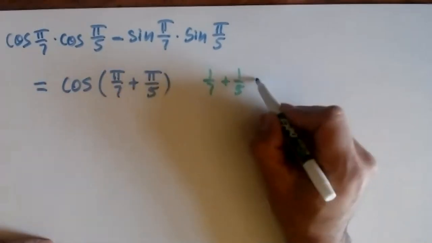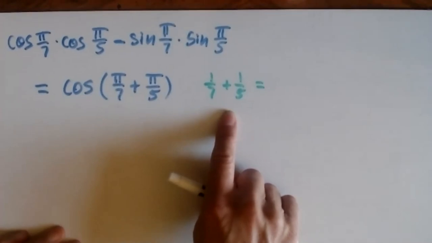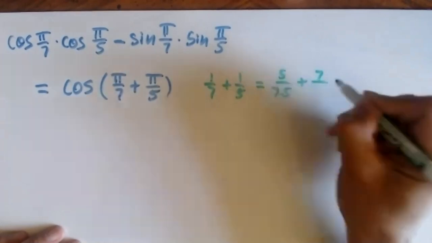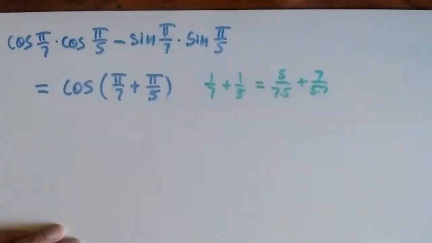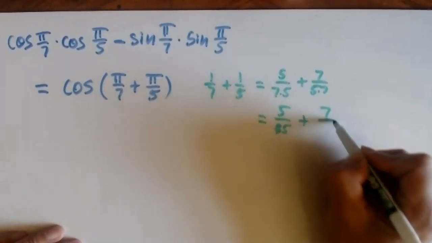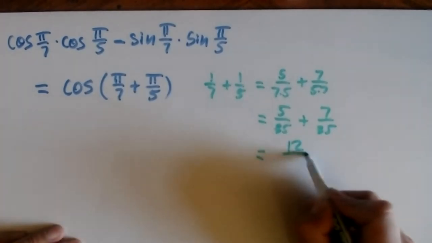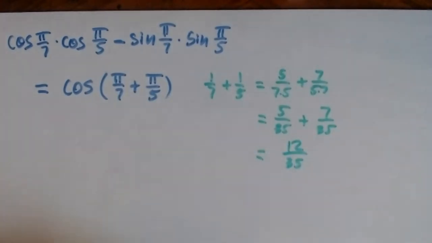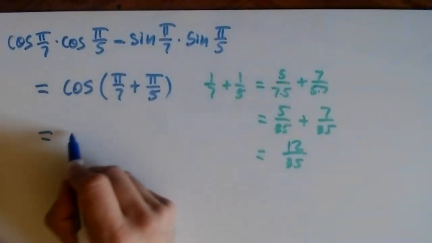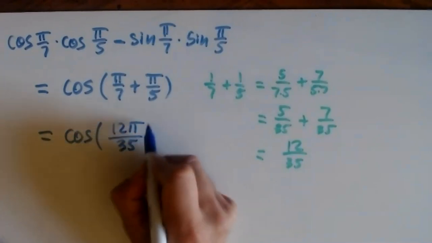We have to do a common denominator: 5 times 7 plus 7 times 5 over 35, which is 12 over 35. So my answer, once you add these fractions, is cosine of 12 pi over 35.